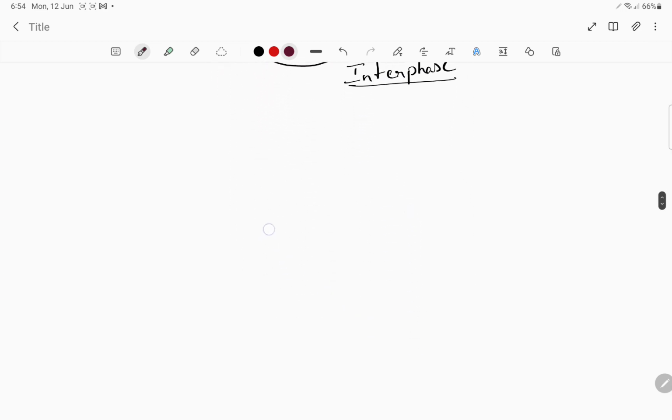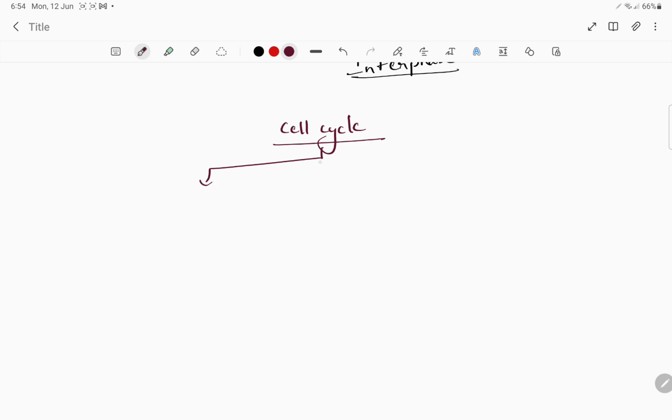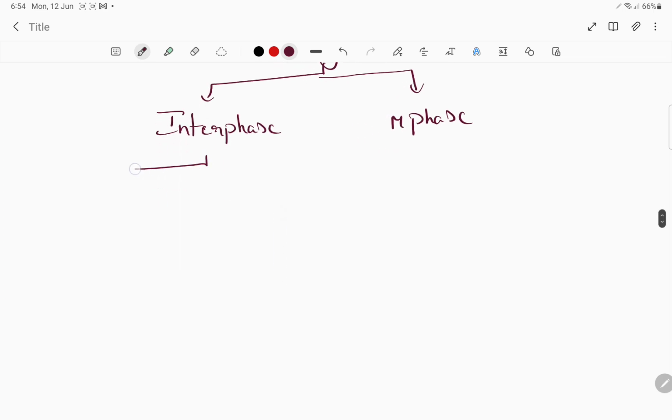So if you take it as a partition, the cell cycle is divided into two major phases. One is interphase, the other one is M phase. Coming to the interphase, we have the categories G1, S, G2.